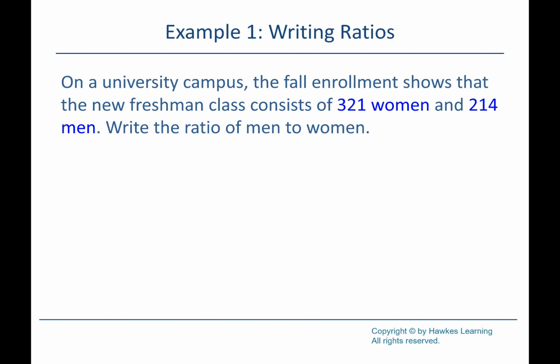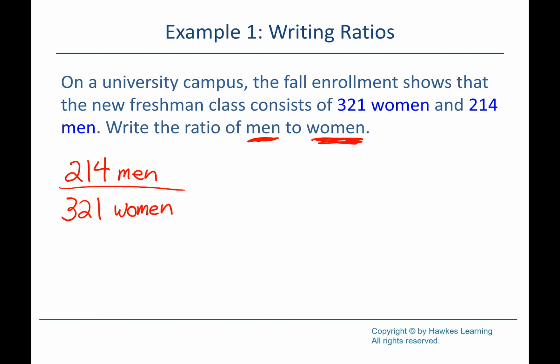So it is very important that you look at which one they put first and which one they put second. Okay. So we want the ratio of men to women. So as a fraction, that'd be 214 men to 321 women. That works.